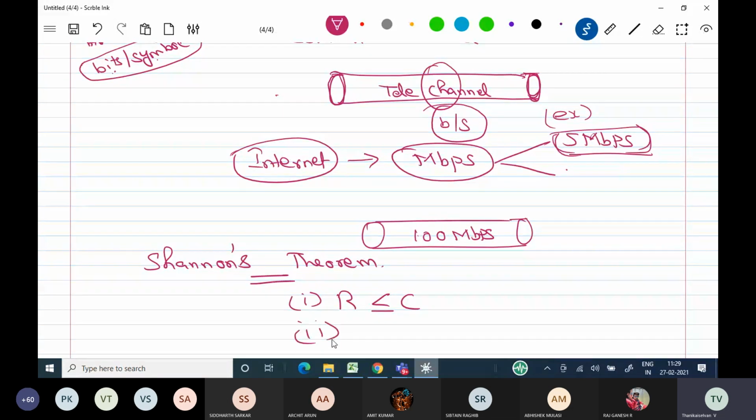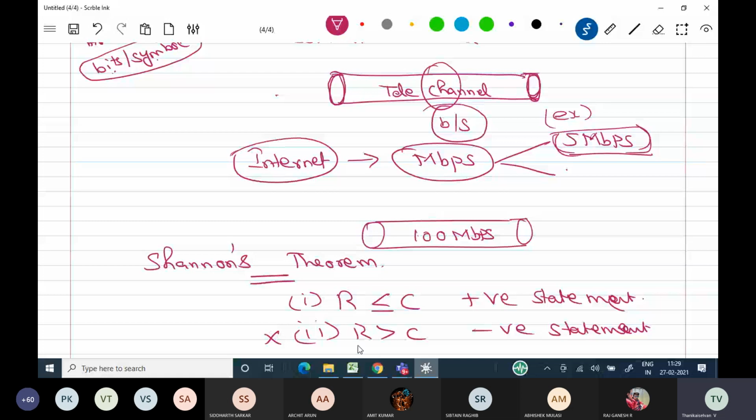The second statement is R is greater than C. The first is called the positive statement, and the second is called the negative statement. We are not going to use this.